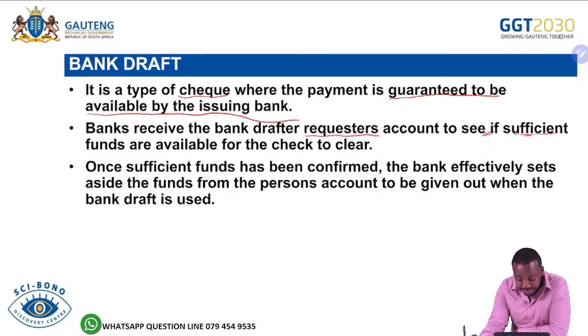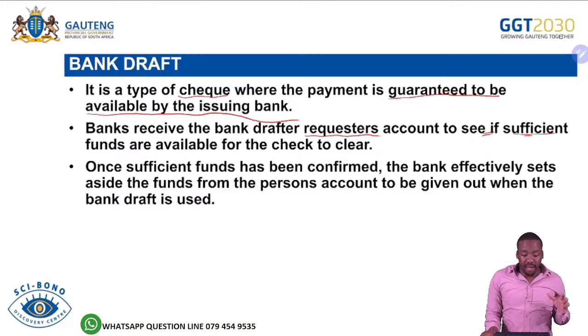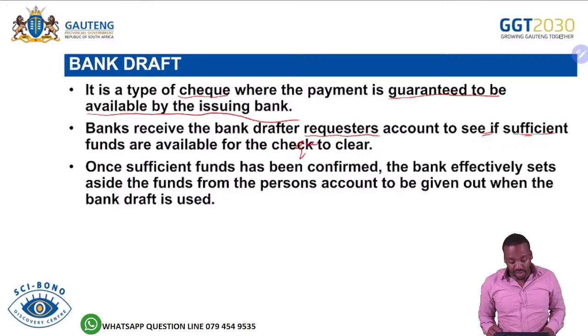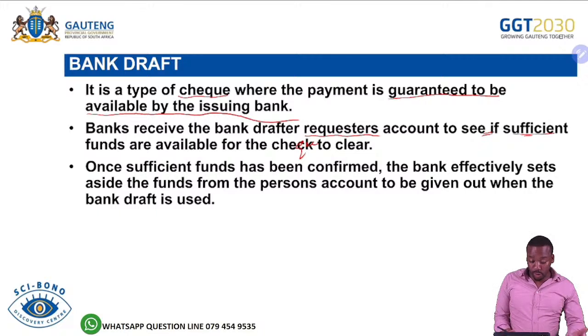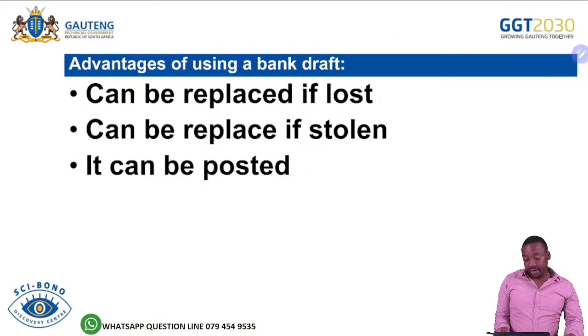Let me read again. The bank receives the request to see if sufficient funds are available for the check to clear. Once sufficient funds are confirmed, meaning enough money, the bank effectively sets aside the funds from the person's account to be given out when the bank draft is used. It is a type of check where payment is guaranteed by the issuing bank.